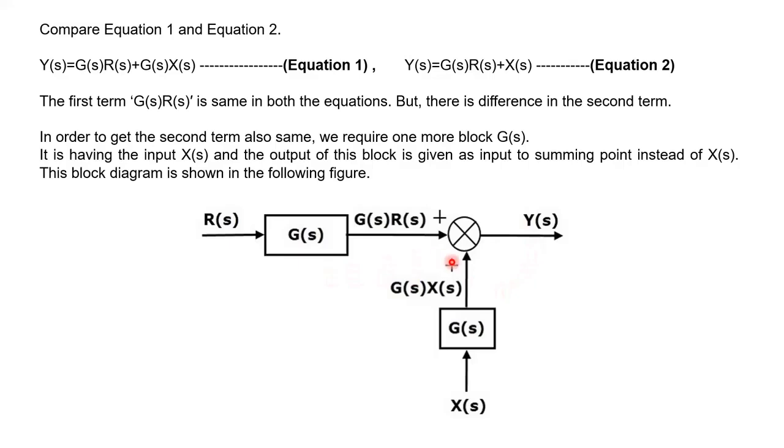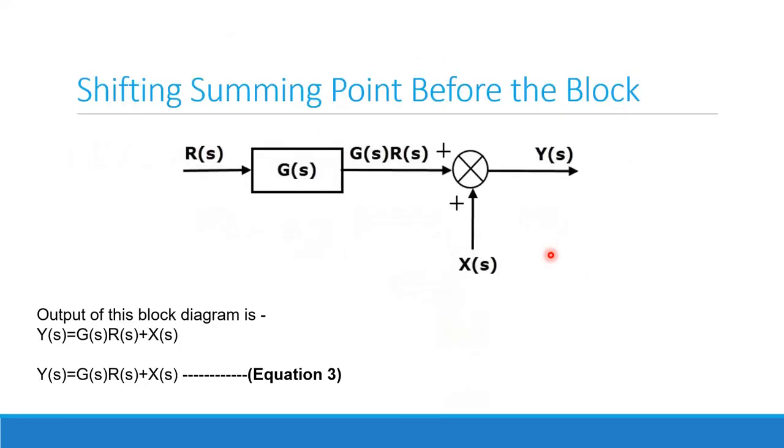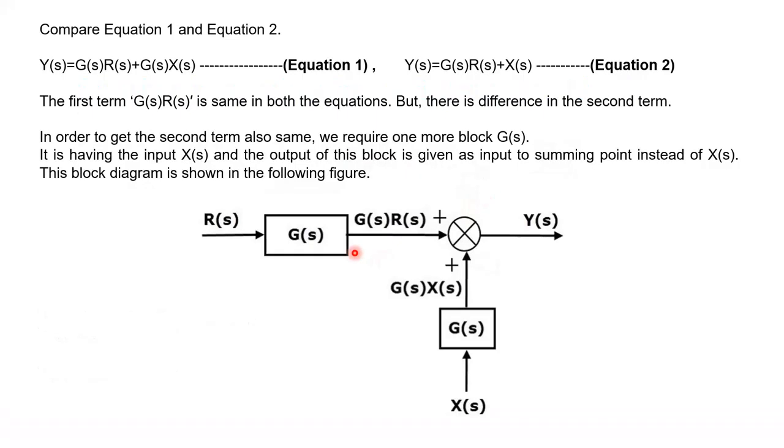Although we have shifted this summing point to the right side of the block, or after the block, and we have made changes, the output of the system is again the same. So that means you have successfully shifted the summing point after the block without changing the output. So your output again becomes G of S R of S plus G of S X of S. Okay, this is about shifting the summing point after the block.